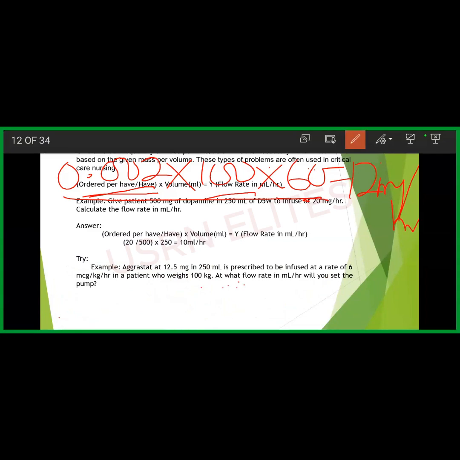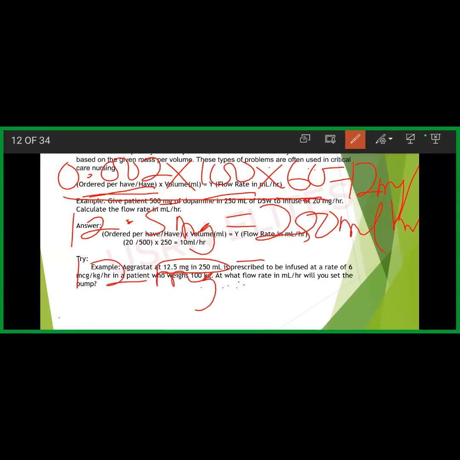So you see, we have this here. According to the question, if 12.5 milligrams is giving us 250 mils, then this 12 milligrams will give us what? This is the conversion scale you're going to use. 12.5 times x gives 12.5x by cross multiplication.